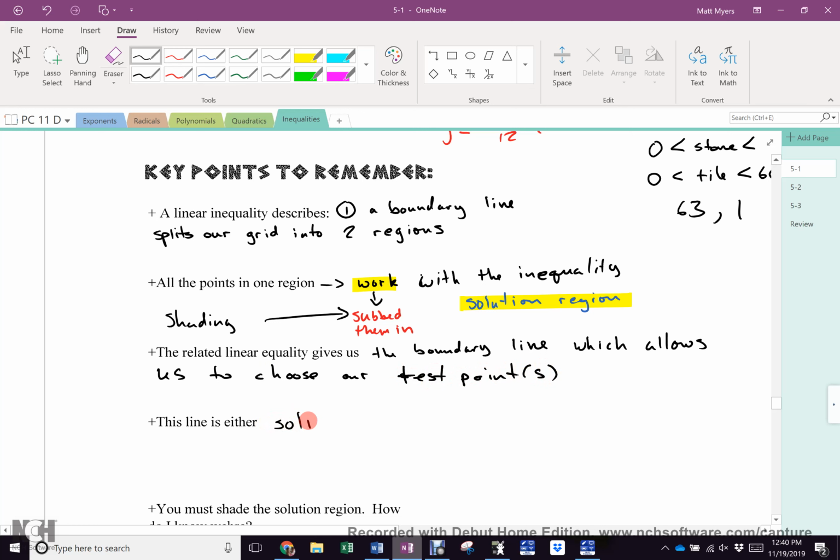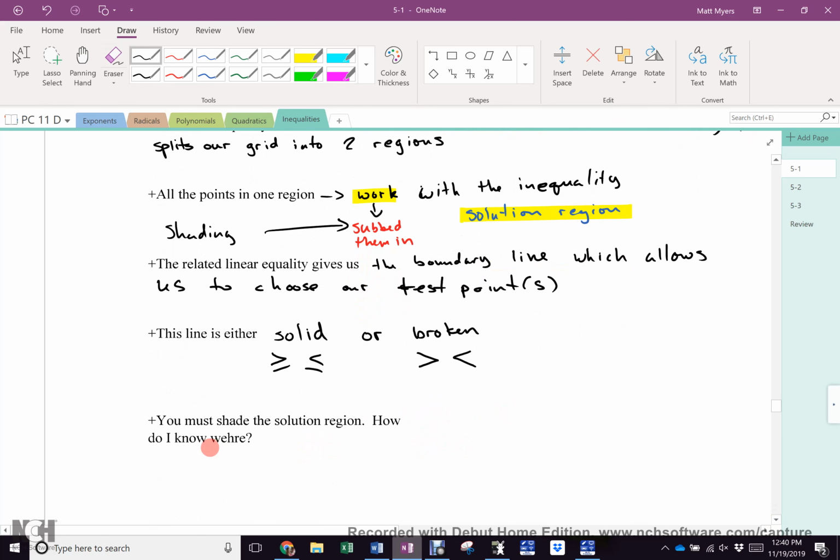Solid. If it's solid, what are the symbols we're working with? Right, these ones. Or it's broken or dotted or whatever you want to say, and that's when we're dealing with these. And then I have a typo here. How do I know where?